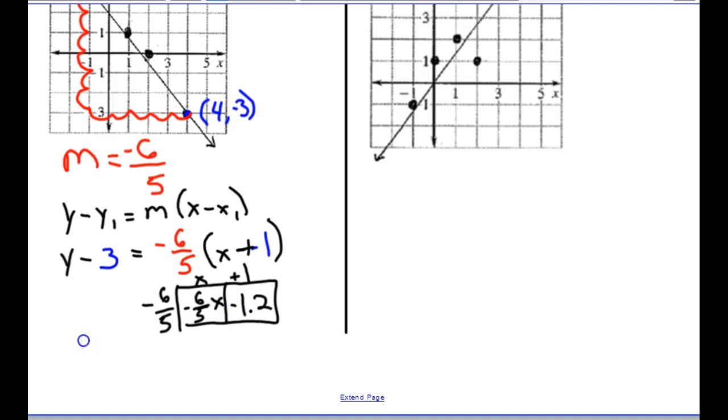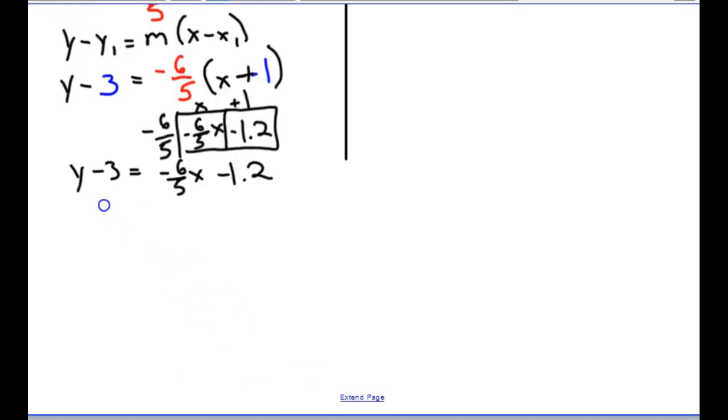So then what we're left with is y minus 3 equals -6/5 x minus 1.2. To get y by itself then, we need to add 3.